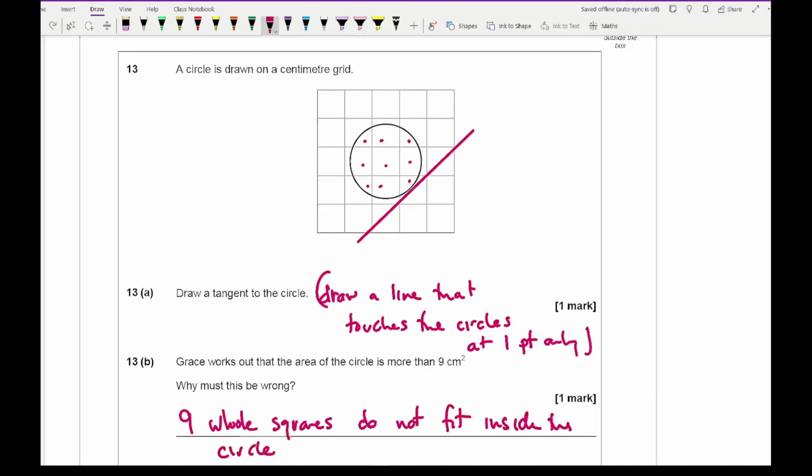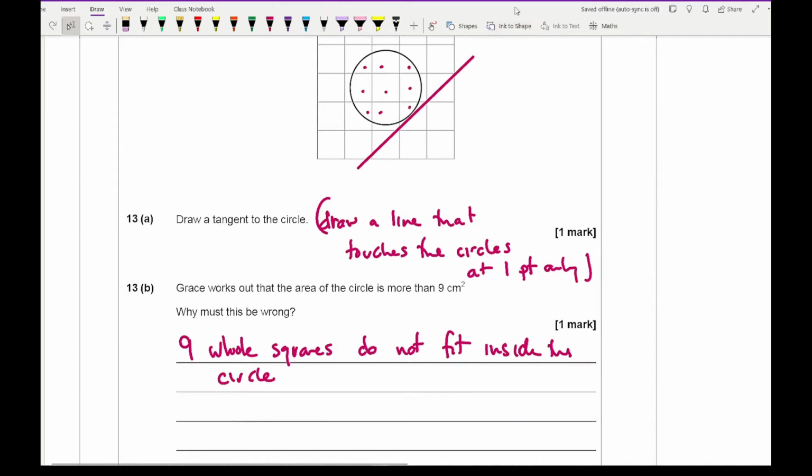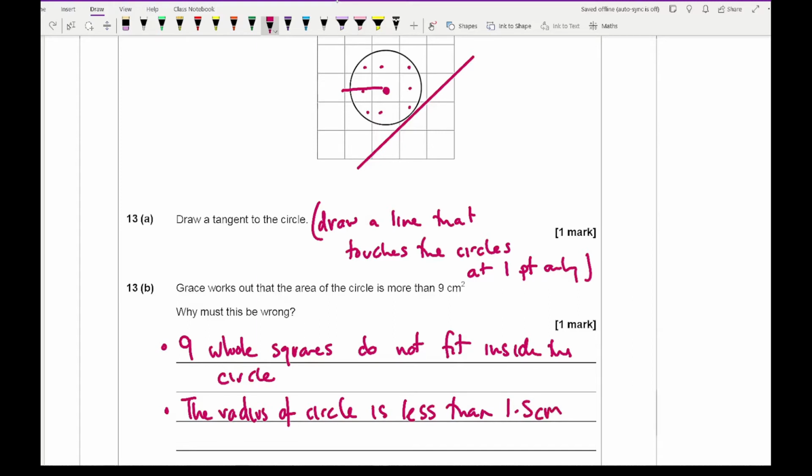Now, if you've been taught well in terms of knowing what the area of a circle is going to be, you can also say that the radius of the circle is less than 1.5 centimeters. So the actual area is going to be less than 1.5 squared times pi.